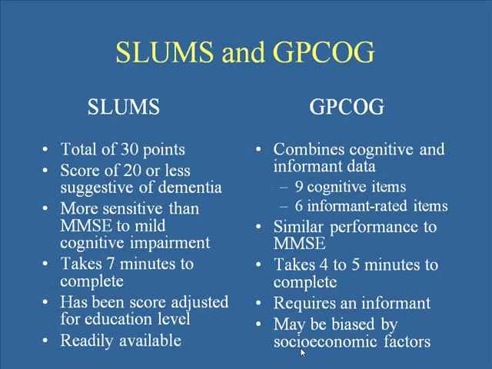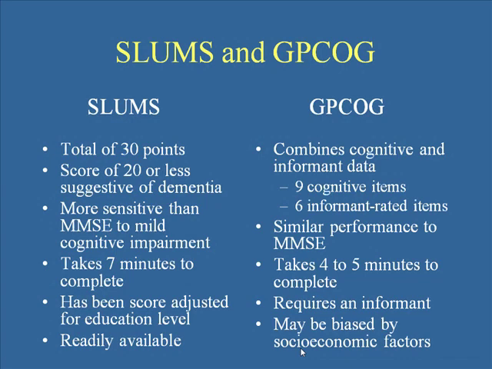SLUMS is felt to be a little more sensitive than the Mini-Mental State Exam to mild cognitive impairment. When you look at the SLUMS, you'll see it's structured very much like the Mini-Mental State Exam, and has a score of 30 points.